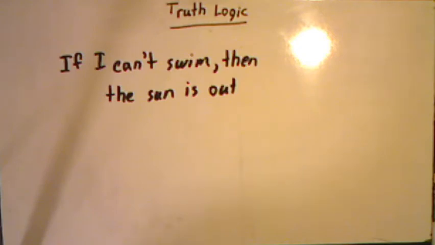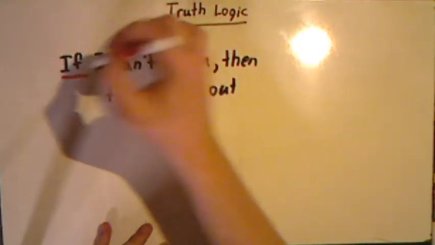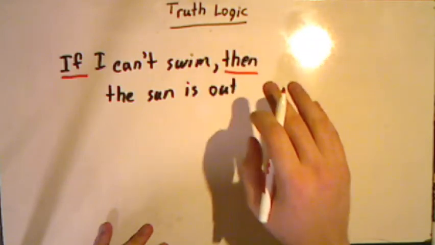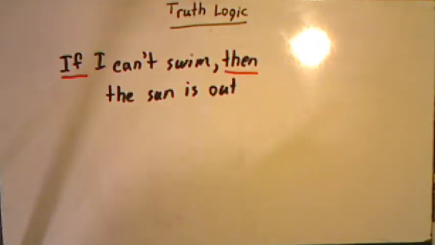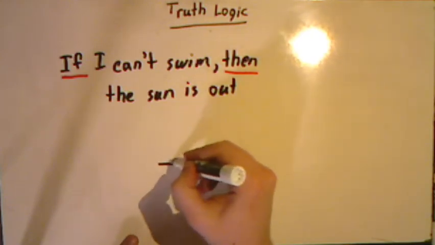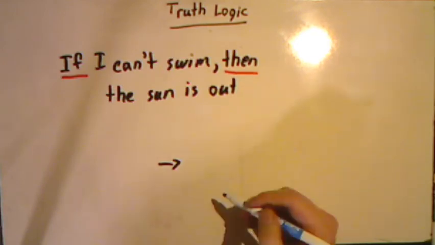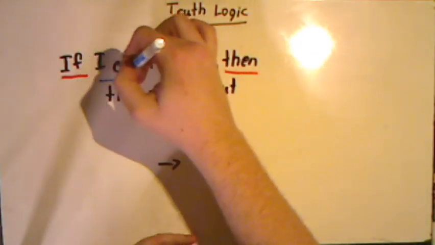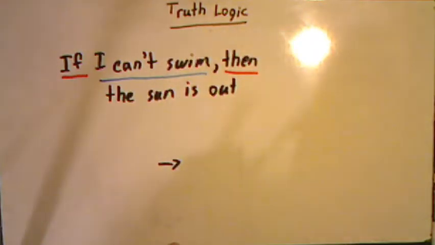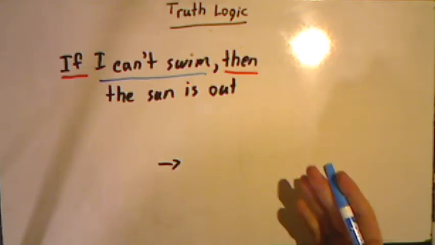So the first thing that we want to look for is the if-then part of the sentence. So we have if, we have then. These are not going to be part of our actual variables. They are just going to be the arrows. Then we take a look, what could our first value be? Well, between the if and the then, we have an I can't swim. The thing about this is that there's a can't, so can not.